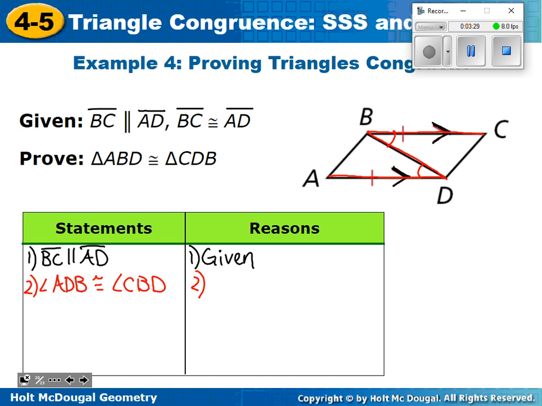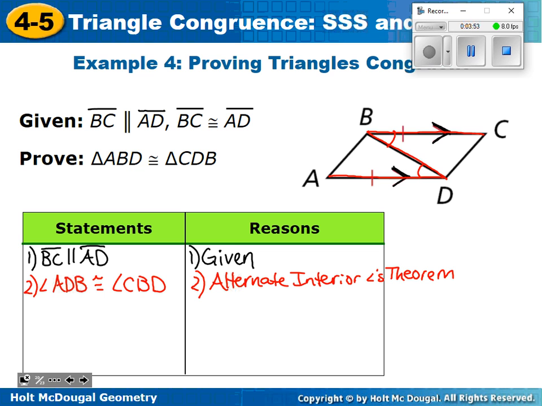No. The converse is only used if your statement is about lines being parallel. So they gave us the lines were parallel. We're concluding the angles are congruent. So what's the theorem? Exactly, whatever kind of angles they are. Alternate interior angles theorem.